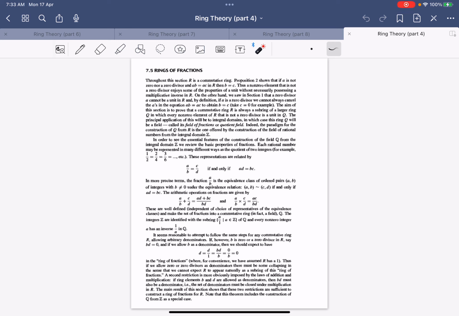So what we have is a ring, then we can build more rings by taking the sum, the product, the quotient with an ideal. And now we can create a ring by creating this thing called the ring of fractions.